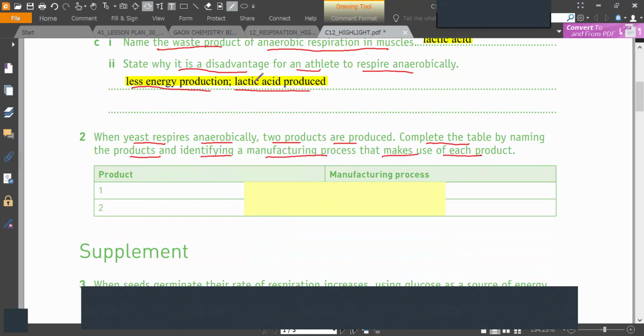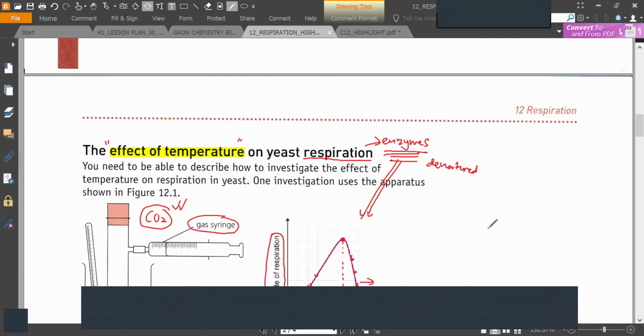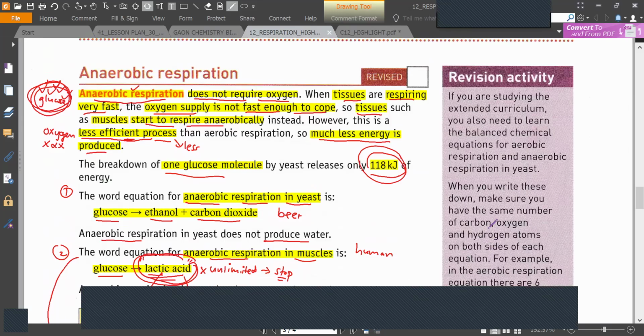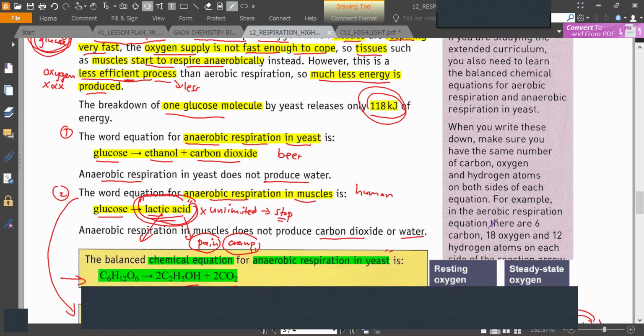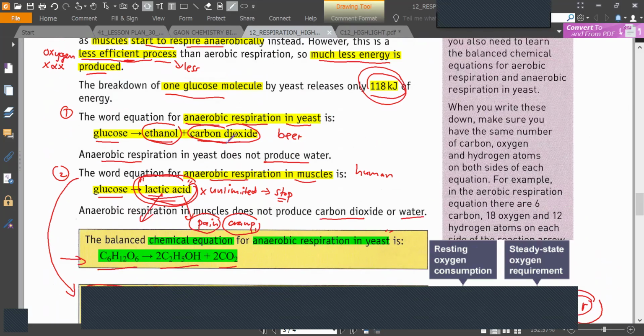So, anaerobic respiration of yeast. It produces two things: ethanol and carbon dioxide. So why are they useful?